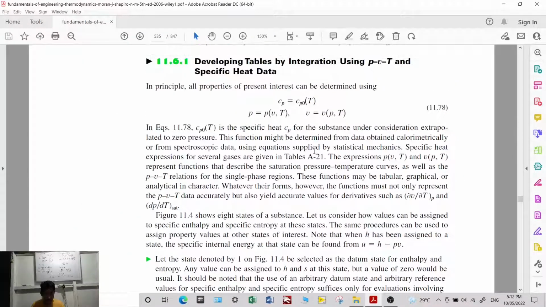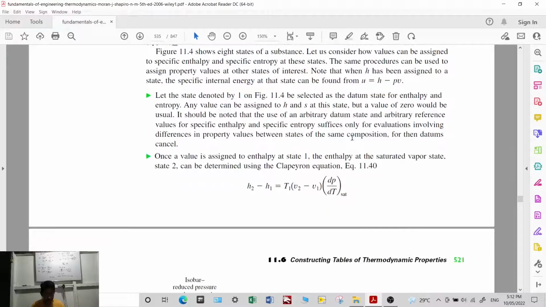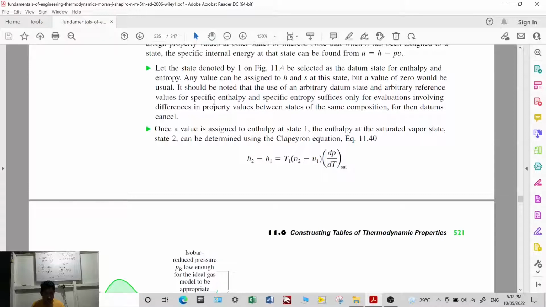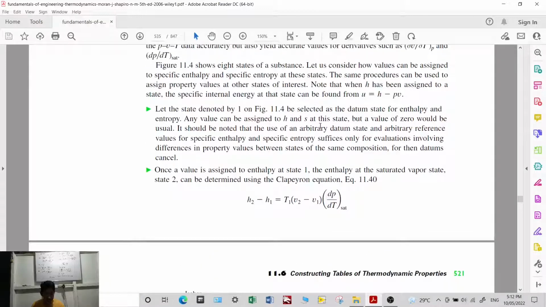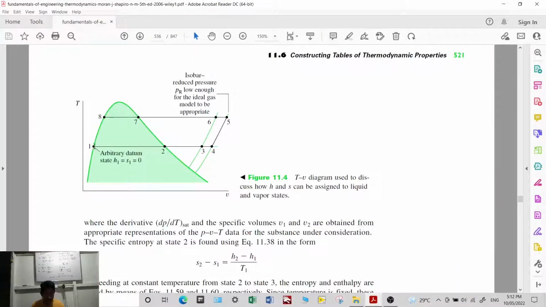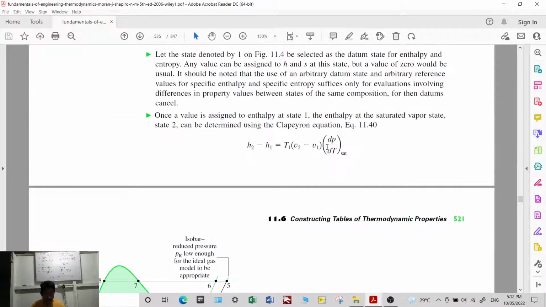First method: developing the table by using PvT and specific heat data. First, select a datum and assign values to it.